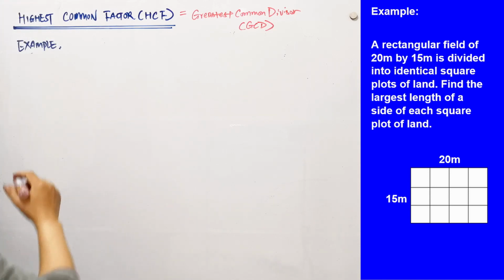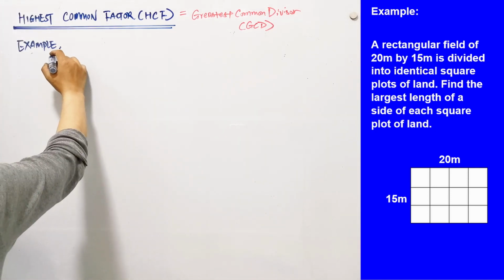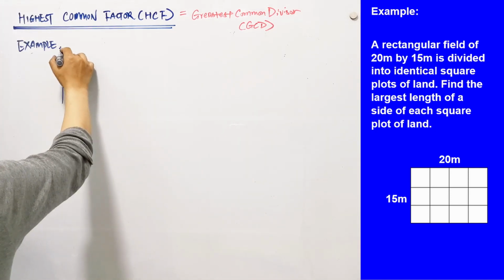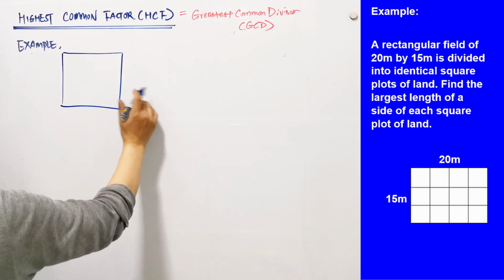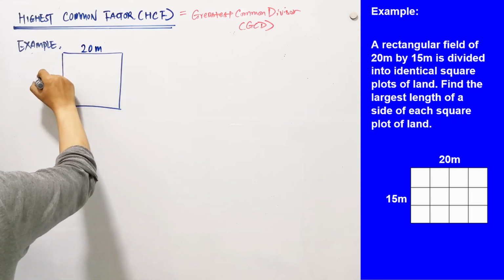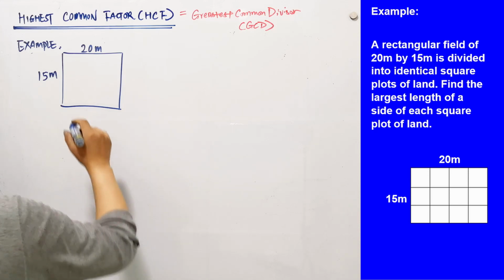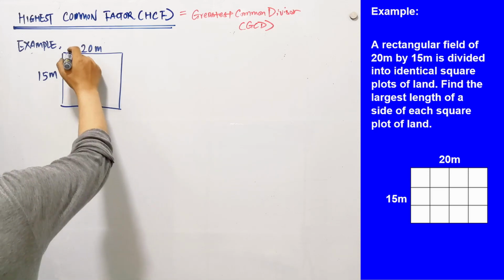So in this case, basically we have a length. We have 20 meters and 15 meters. So we have these two. Find the largest possible length of the side of each square.